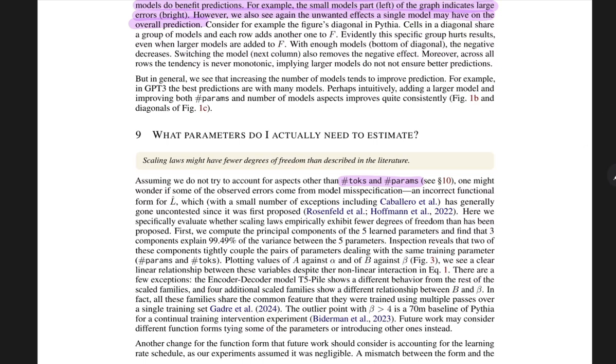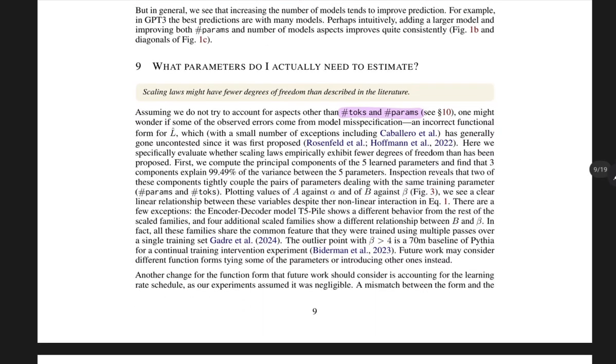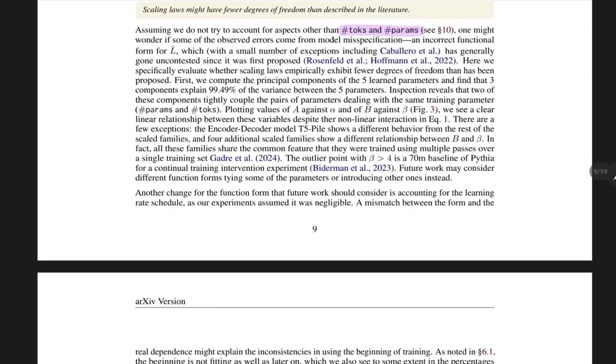But what they are saying is it's totally dependent, because they say first we compute the principal component of the 5 learned parameters and find that 3 components explain 99.49% of the variance between the 5 parameters. So do we actually need all of them? That's the point. Because what parameters do I actually need? Right? That's the question. So yeah.